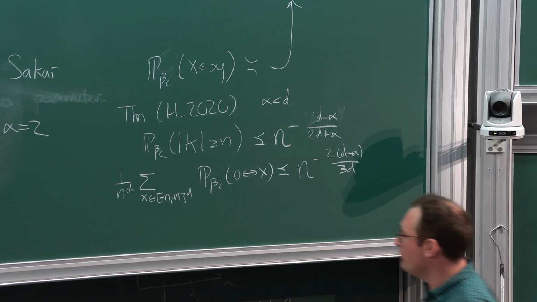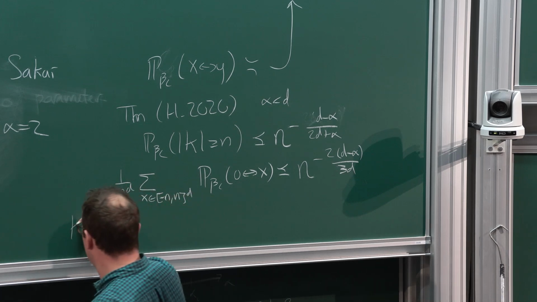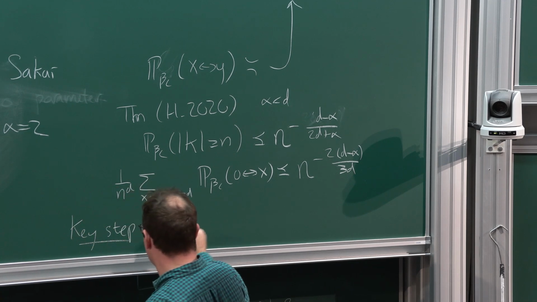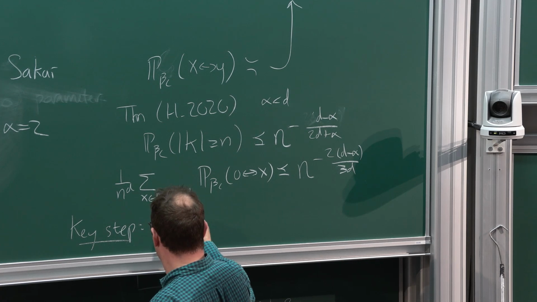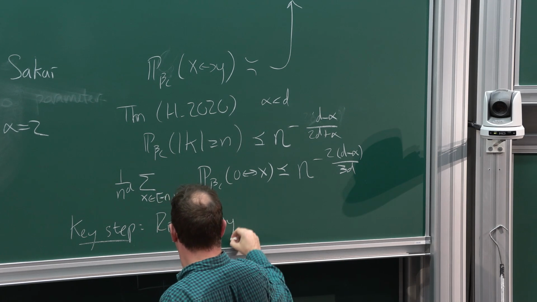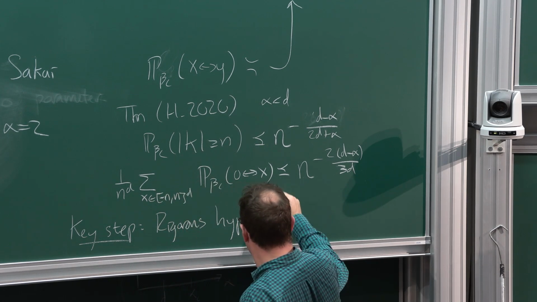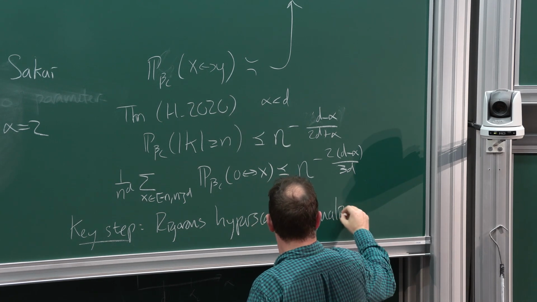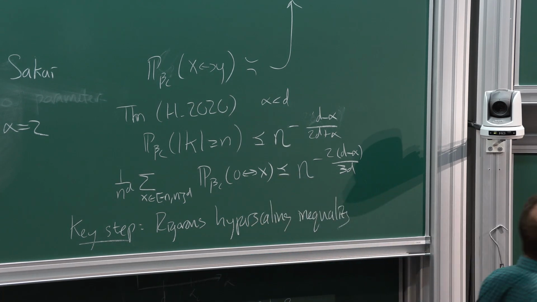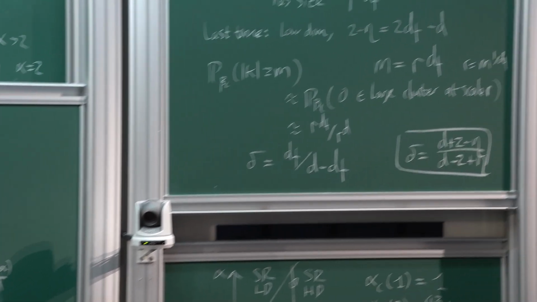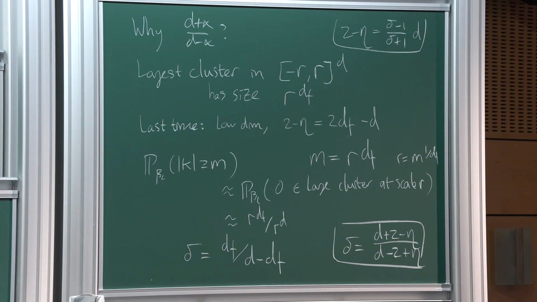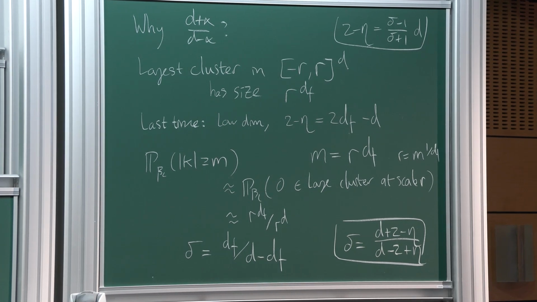Including, in particular, one of the key steps here is rigorous hyperscaling inequalities, and in particular, an inequality form of this. Just make sure I write down the inequality the right way around, sorry.